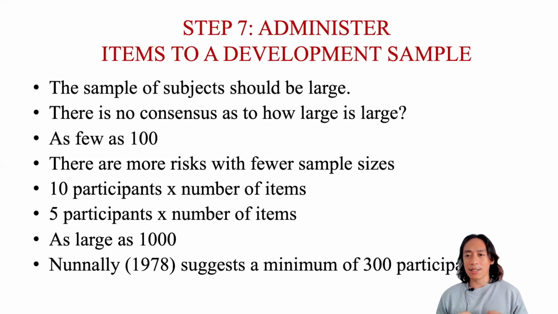Personally, I like Nunnally's suggestion of a minimum of 300 participants for a scale development effort. So generally, that's my ballpark figure for the sample size for scale development. Whatever sample size you decide to make use of, just make sure that you have the necessary literature to justify your decision.